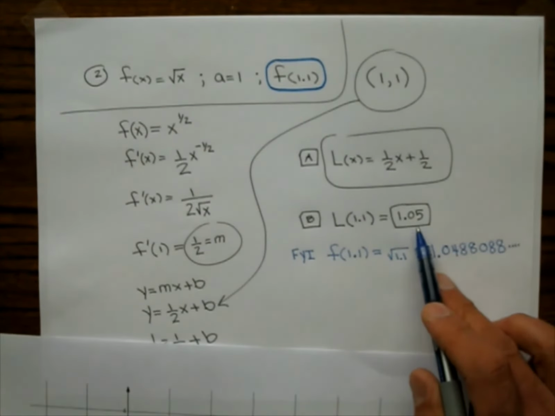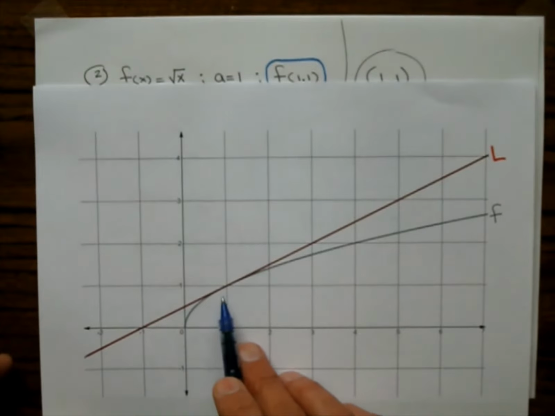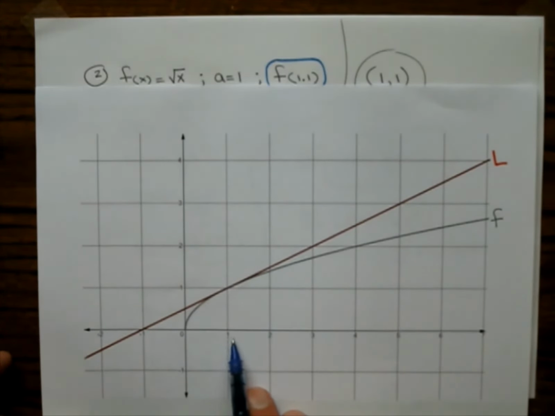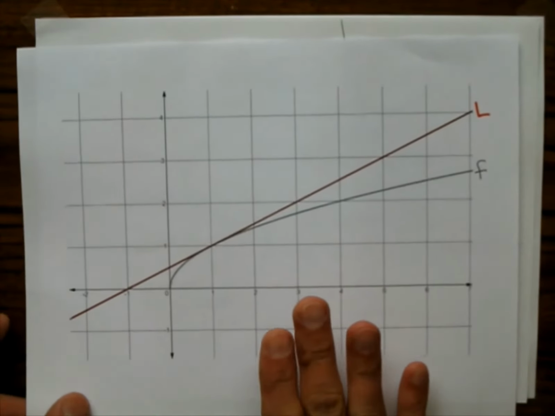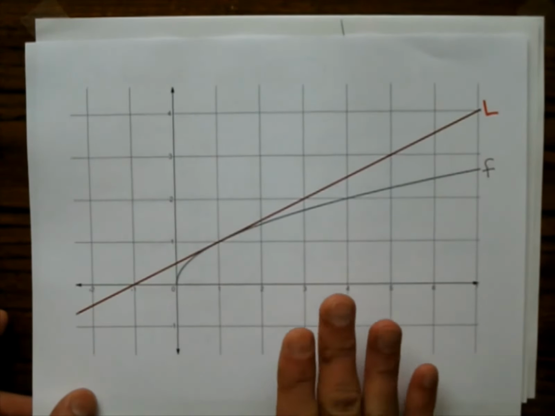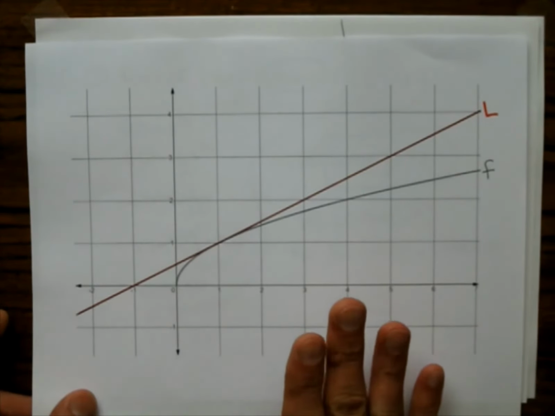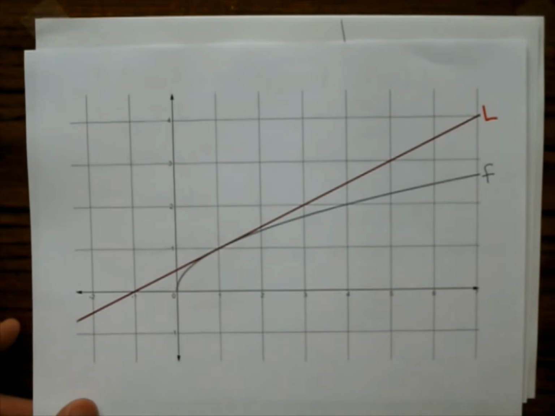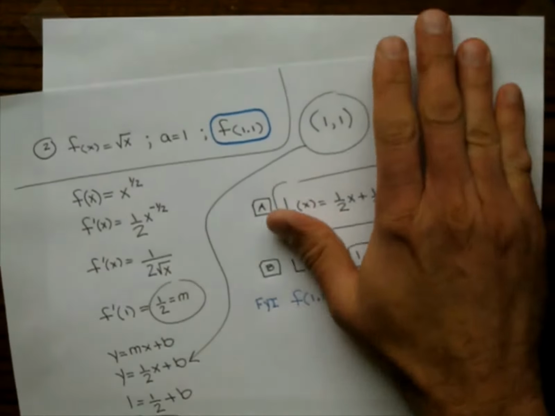It's just a little off, but you can see this linear approximation is good within a nice neighborhood of x equals 1. So you don't need to graph the graphs to do this. The graphs are kind of nice. If you're a math nerd, then use Desmos and you can take a look at graphs like this. Okay, what else do you do in your homework?